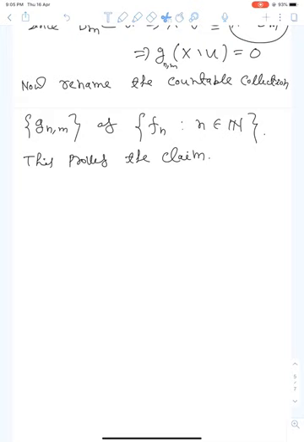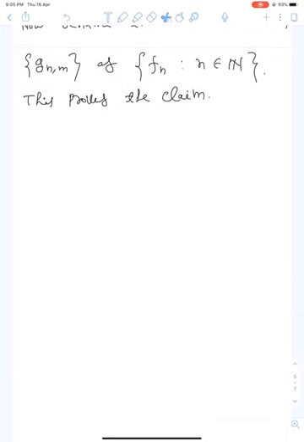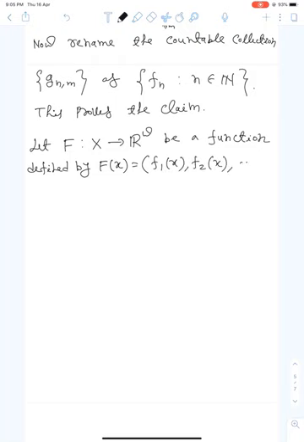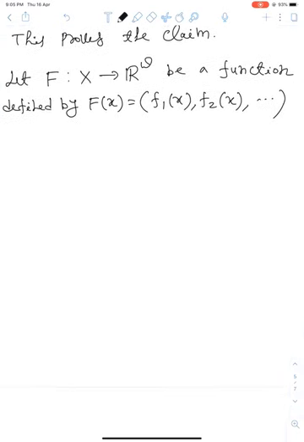Now we move to the main part of this problem. So let f: X to R^omega be a function defined by f(x) equal to f_1(x), f_2(x), and so on, where f_1, f_2, f_3 are constructed as above.